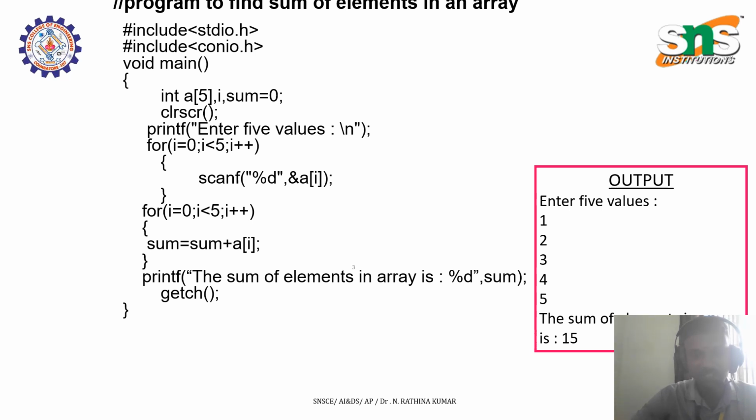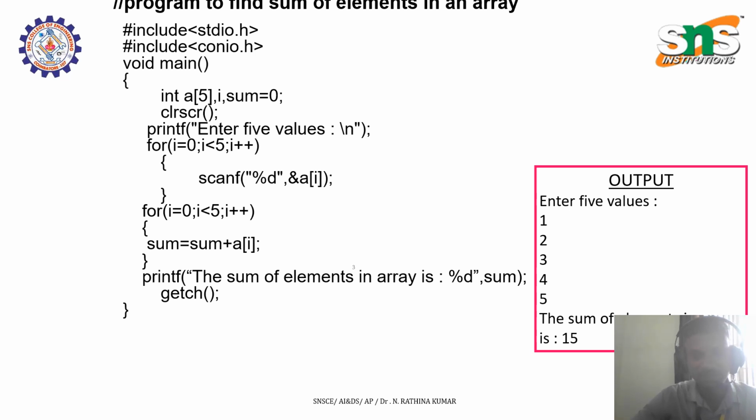The for loop always starts with 0, then i less than 5, then i plus plus. This for loop is executed starting from 0 until it reaches 4.